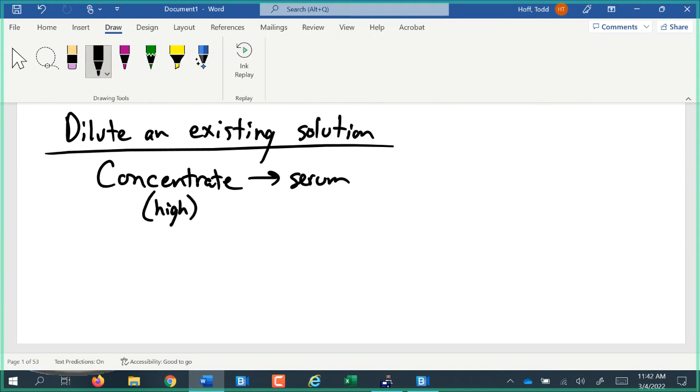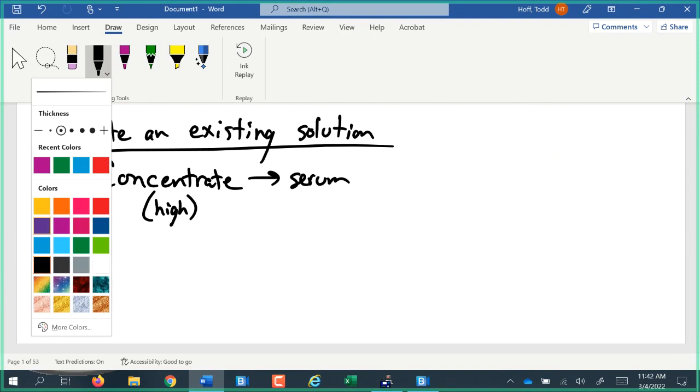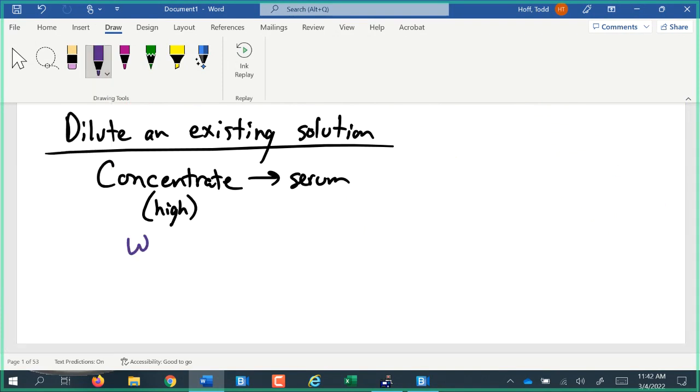So when we look at this, let's say that we have 120 milliliters of 24% solution.